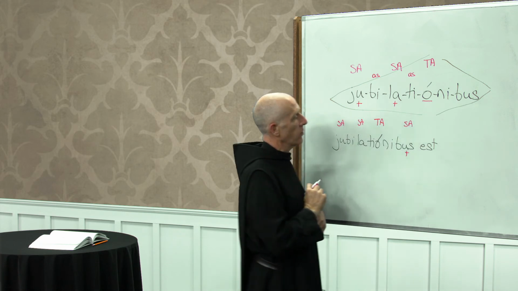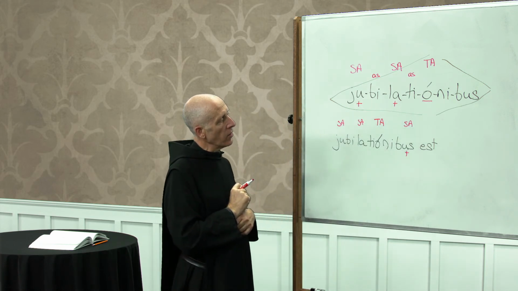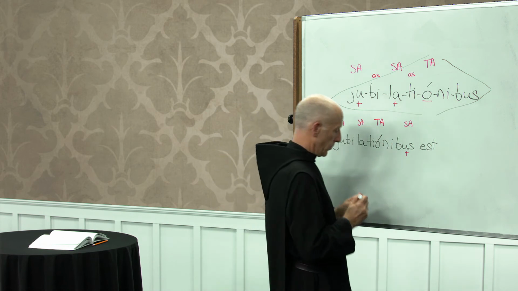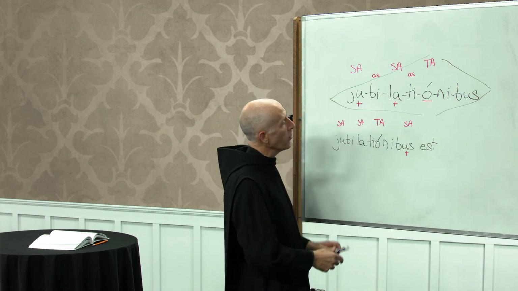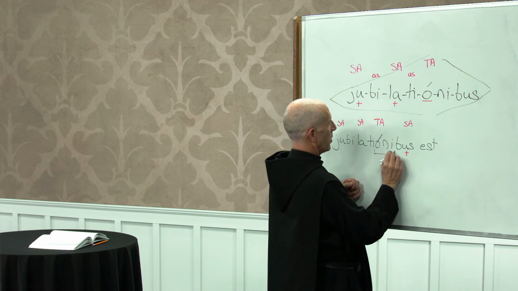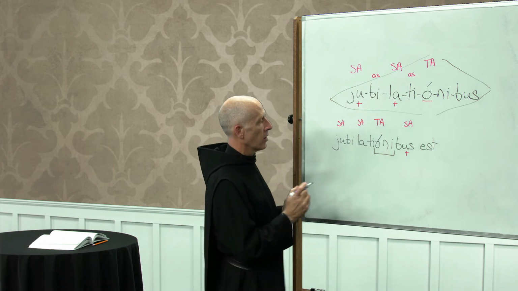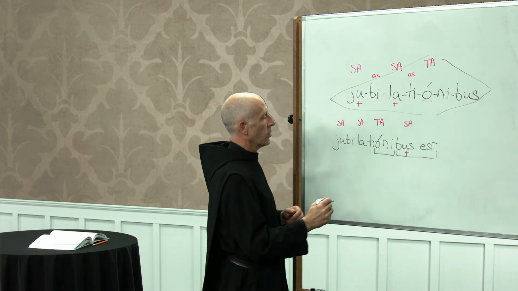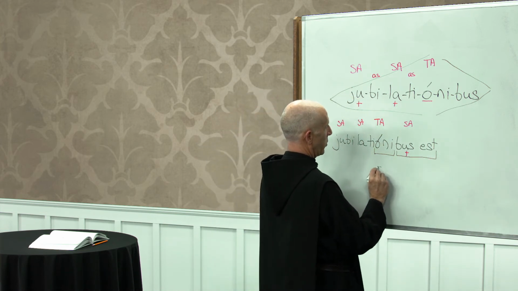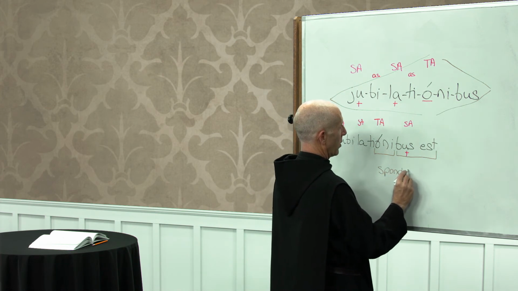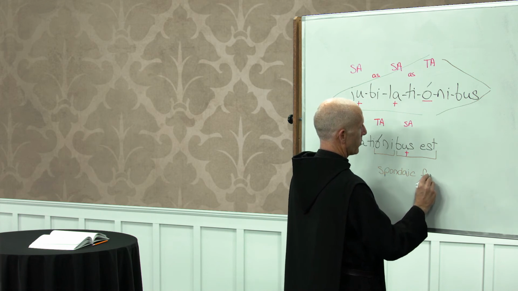And we're going to find out why in the next level. This is not part of the matter here. But this is just to show you that what happens now is that oni becomes an element, and bus est becomes another element, which you call a spondaic formula.